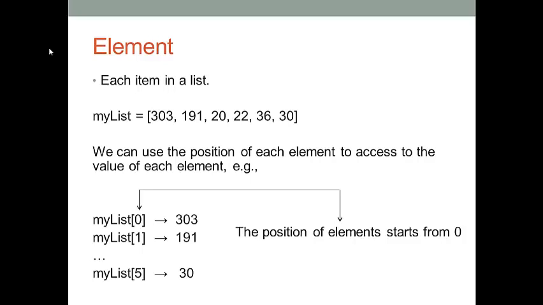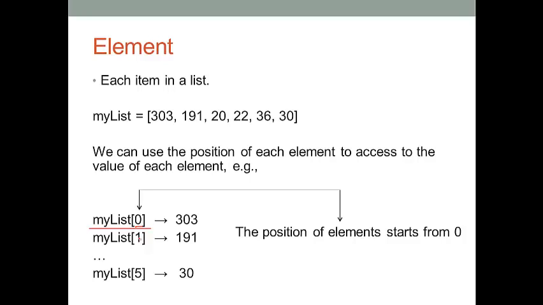For instance, I created a list type variable called myList. If I want to access the number 303 in this list, then I can use myList starting bracket 0 and then the ending bracket to access element 303. In this case, number 0 represents the position of element 303 in the list.